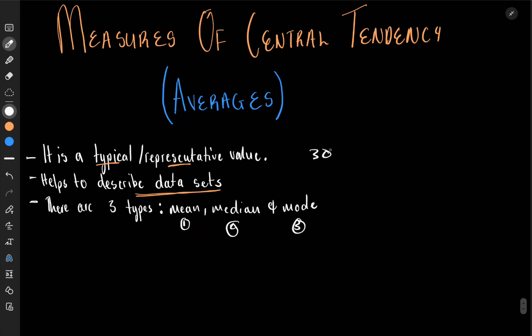So say I have 30 kgs, 31, 32, 33, and 34. Right now I can see that 32 is right at the center, 2 on the left, 2 on the right. 32 is right in the middle of all these values. So that is what the median helps me know: the number that is sitting right in the middle, once you arrange your values.